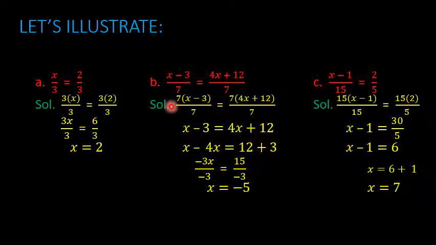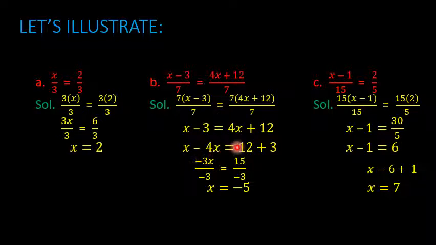I-distribute ninyo, gamiton ang distributive property. 7 times x, 7x. 7 times 3, minus 21. So, naa tay 7x minus 21. Or simply, di na mo magamit ang distributive property, since 7 man na siya, then the denominator is 7. 7 divided by 7 is 1, so pwede cancel na lang siya. The remaining is x minus 3. The same ang inyong buhaton sa pikas. 7 man na dira, the same there, 7. So, 7 divided by 7, cancel na lang siya. So, ang mabilin, 4x plus 12.